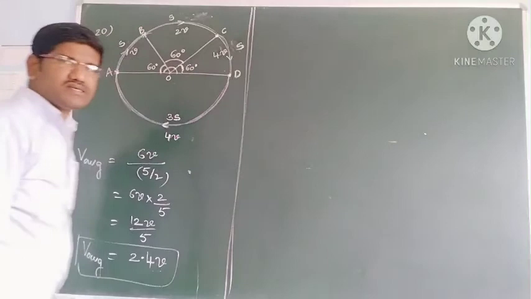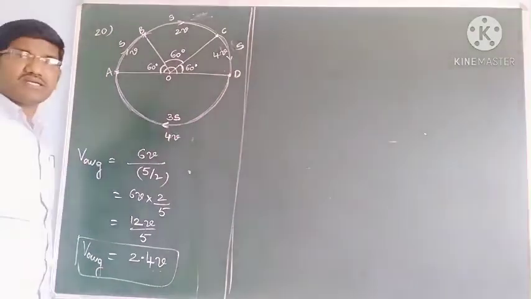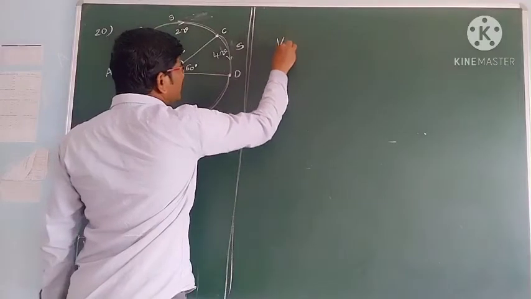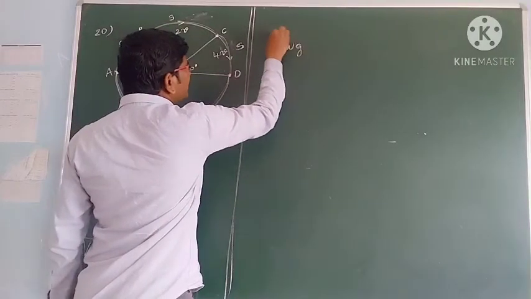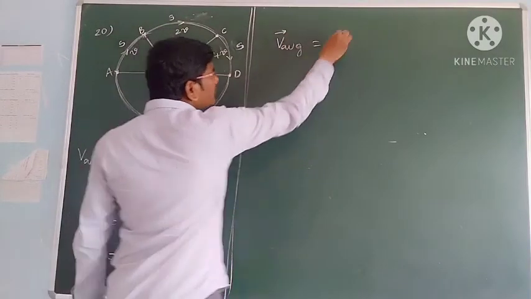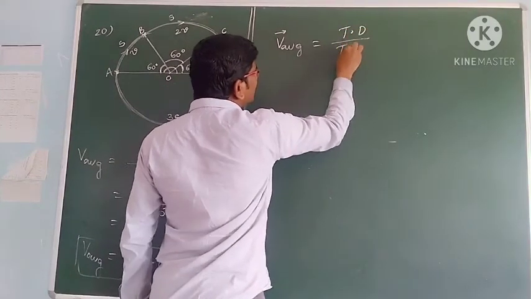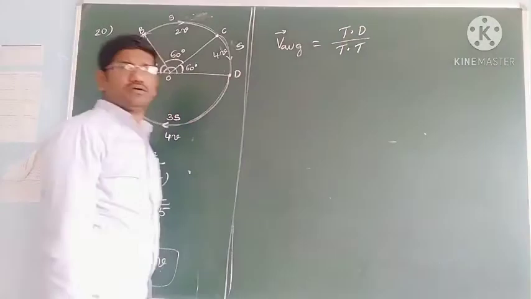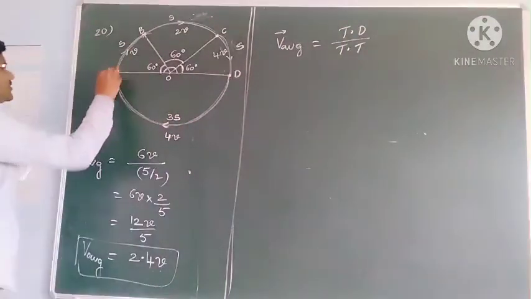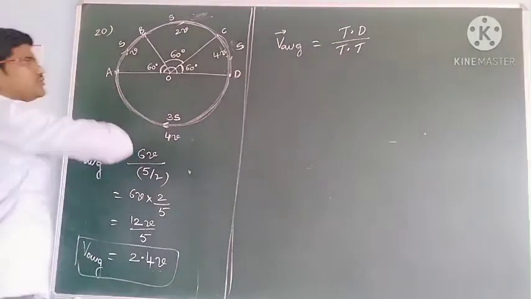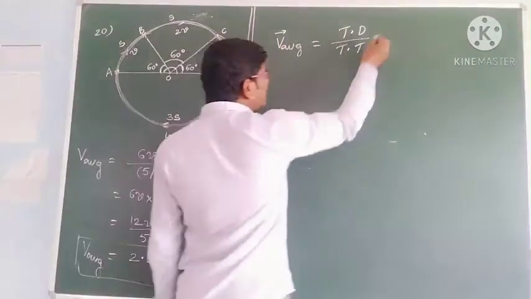Okay students, see for the same problem, if we ask the average velocity, you have to write total displacement by total time. Total displacement means started at A and finally comes to A, so total displacement is 0.